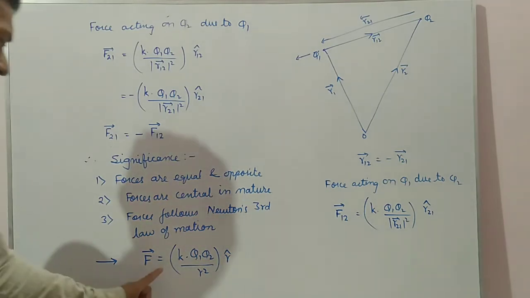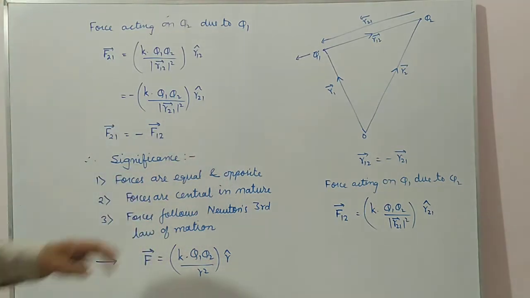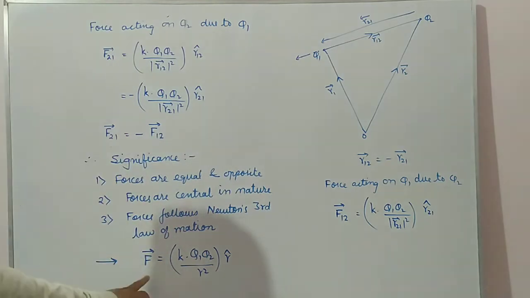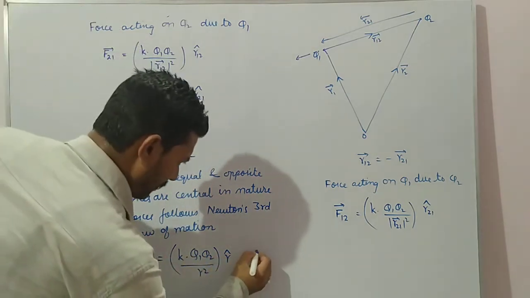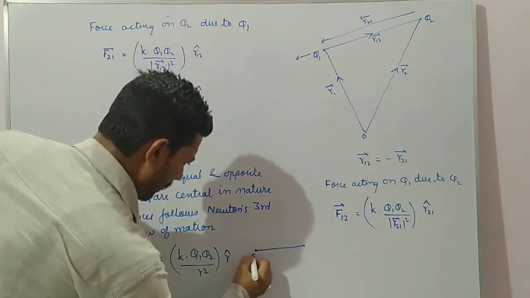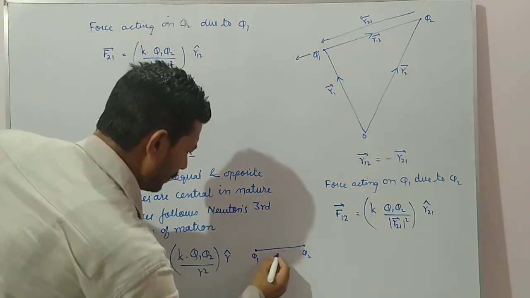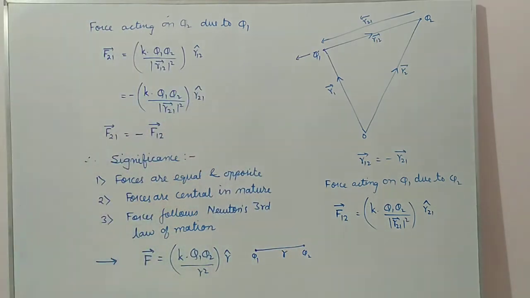No need to write this much long, only one line. Maximum, you can also do one drawing, Q1 Q2, this is R. So this is Coulomb's law in vector form. Next.